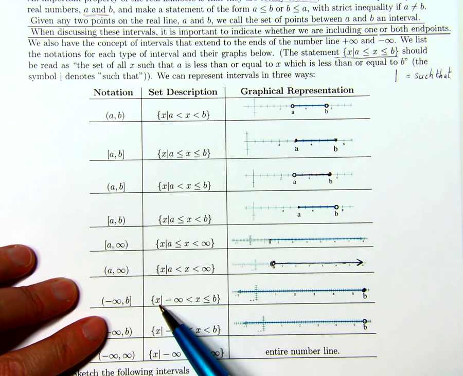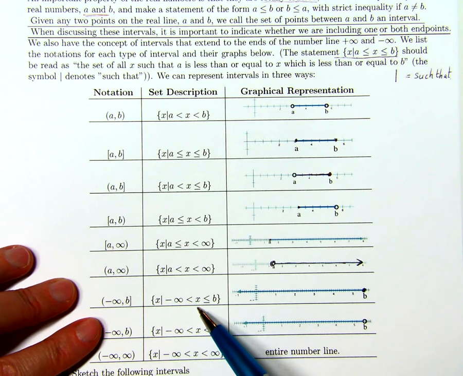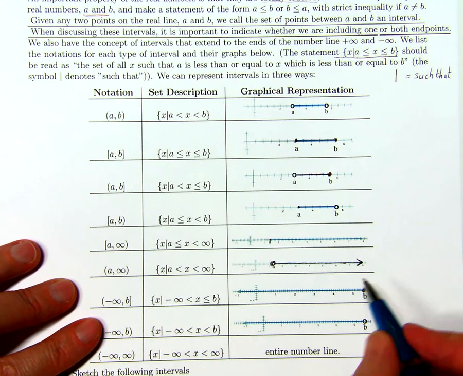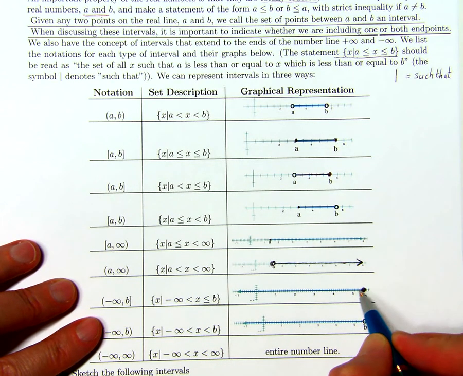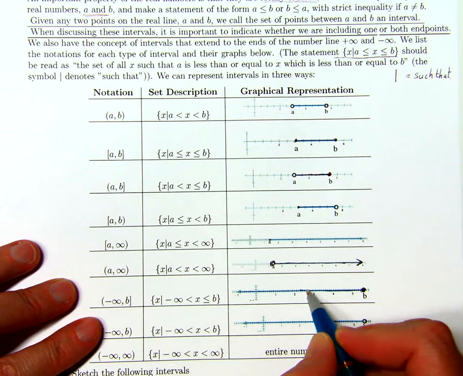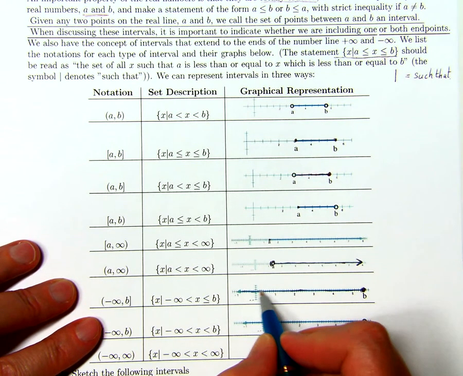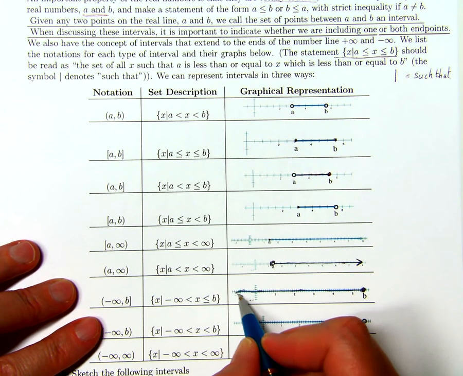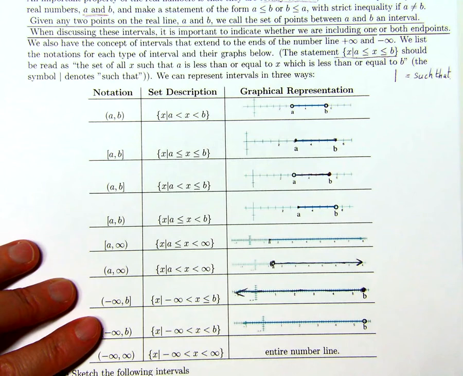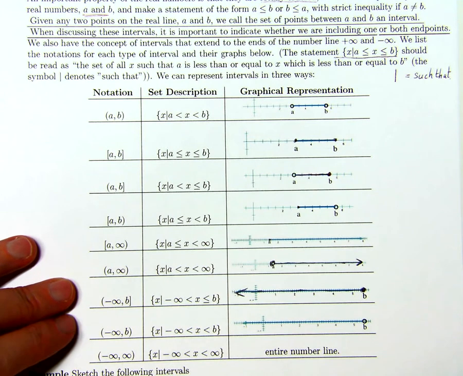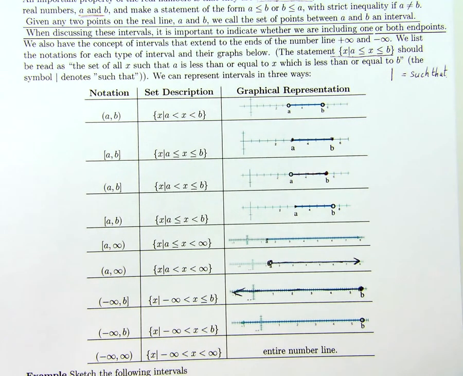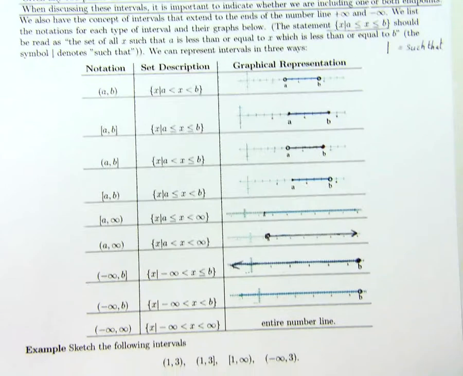And in set theoretic notation, it's the set of all x so that minus infinity is less than x, which is less than or equal to b. And so now we put a solid dot at b to indicate that that's included. And then we have a line pointing towards negative infinity, indicating that everything all the way down to negative infinity is included. And of course, the interval from minus infinity to infinity is every possible real number.